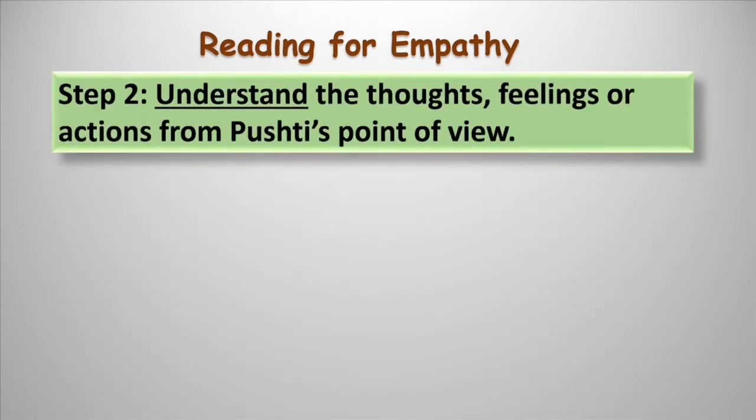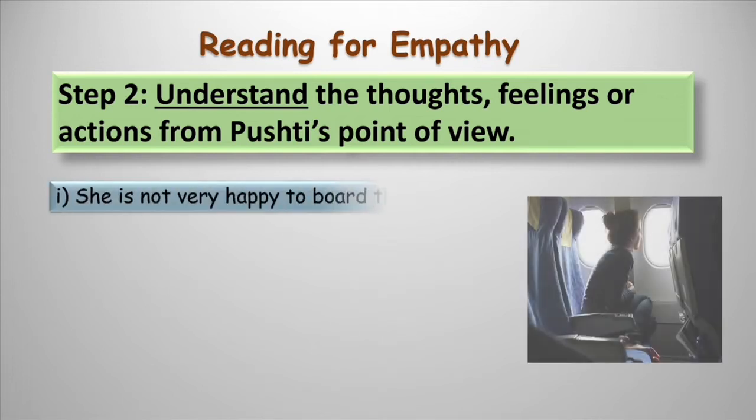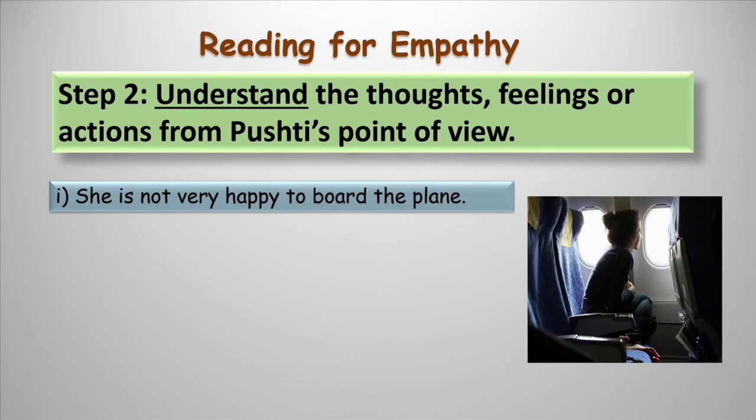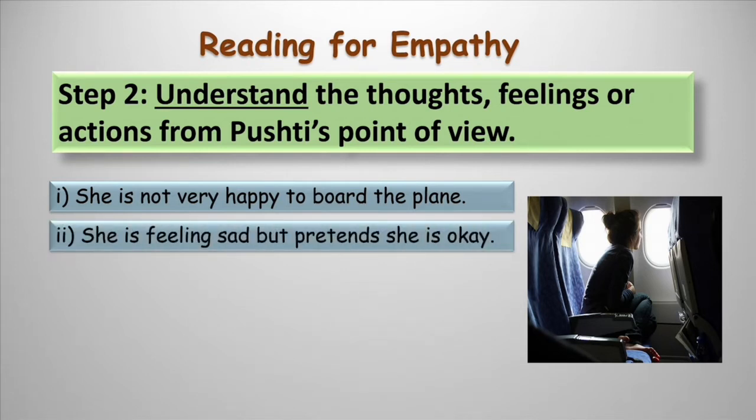Let's go through the second step, which is understand the thoughts, feelings, or actions from Pushti's point of view. We find Pushti is not very happy to board the plane. She is feeling sad, but pretends she is okay.